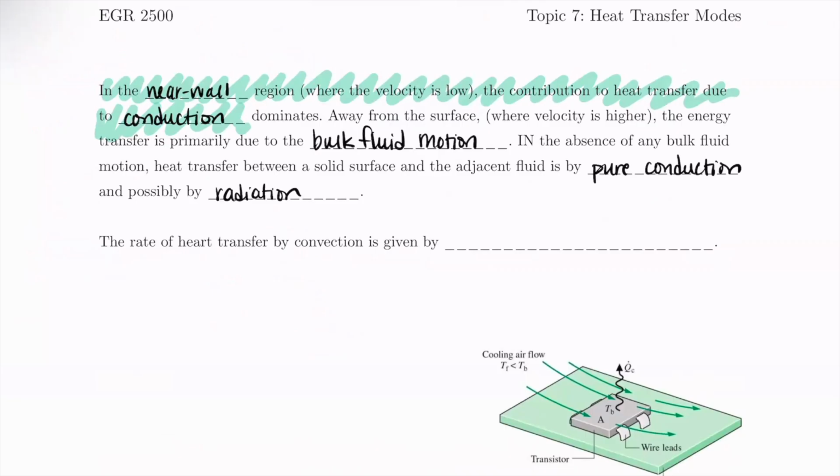Okay, so rate of heat transfer due to convection is given by Newton's law of cooling. And this law looks like the following. So if we want to find our rate of heat transfer, Q dot, and I'm going to give this a subscript C for convection.